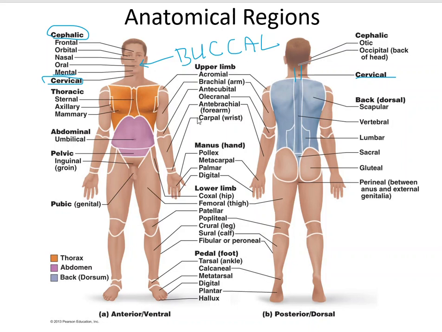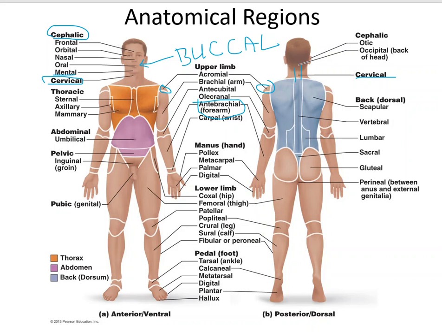Okay, so let's go to the arm next. It's next on your lab list. The acromial region is this region right here. Antebrachial. Antebrachial is basically the forearm. That's all it is.